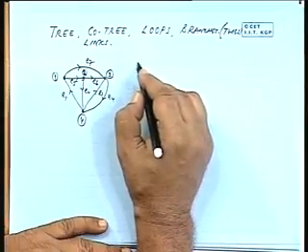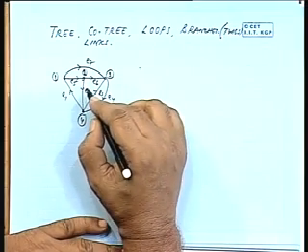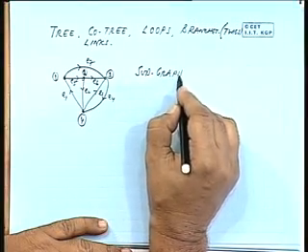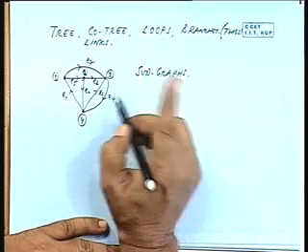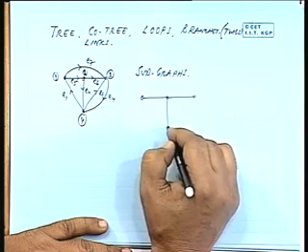Now, a tree is a subgraph which contains all the nodes, but there is no loop present. This can be a possible tree.